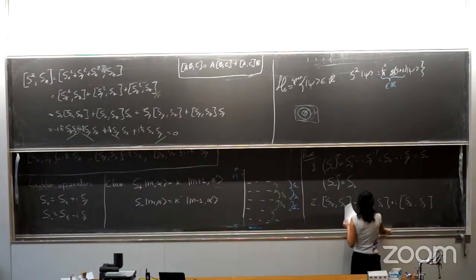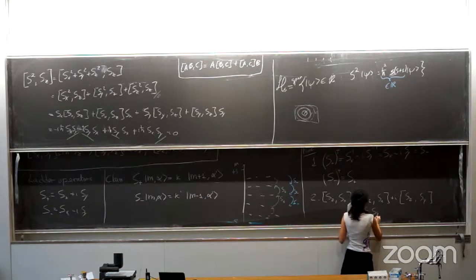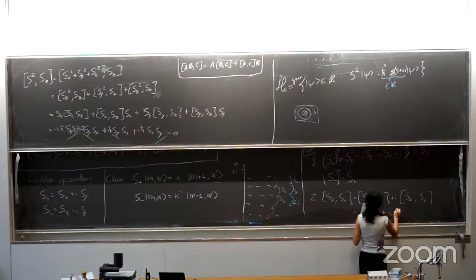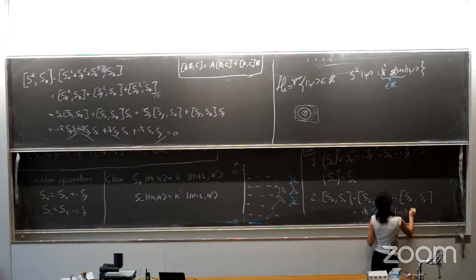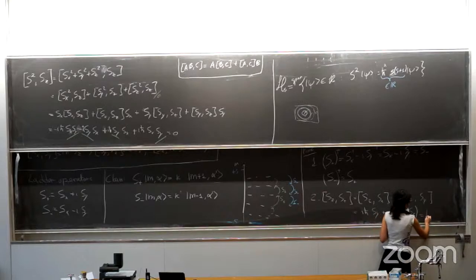What is this? Well, this one is i h bar Sy. And this one is minus i h bar Sx. So this whole thing is just h bar S plus. So we get back the original operator.